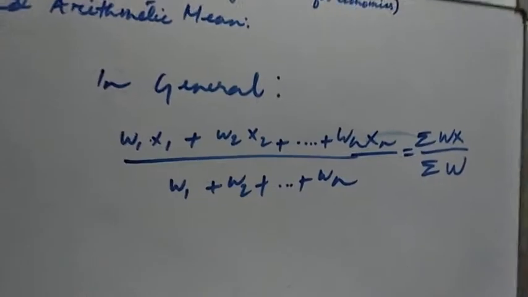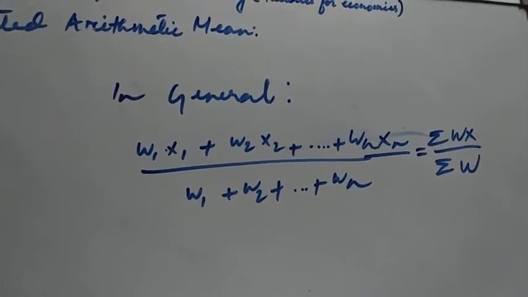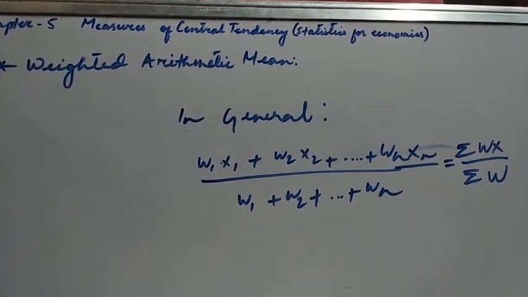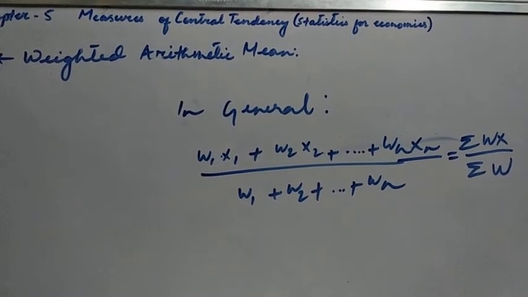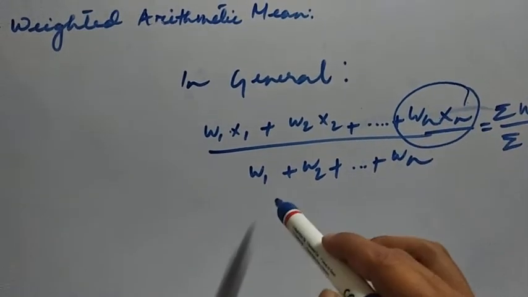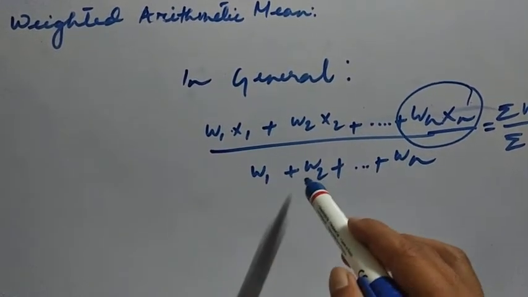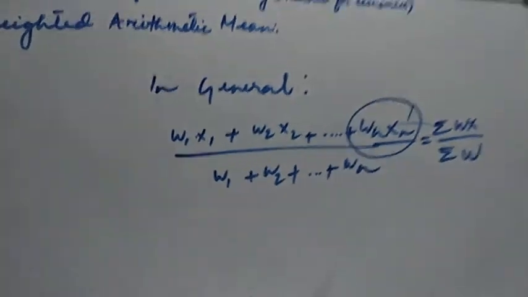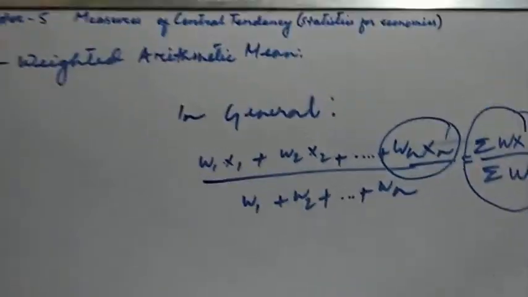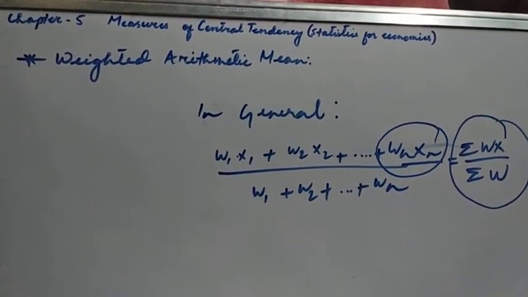So it will be equal to summation of Wx divided by summation of W. So this is the formula in general when we give the weighted arithmetic mean. So W1 x1 plus W2 x2 plus n number of W and x, and then it will be divided by the W1 plus W2 plus Wn. So it is coming like the summation of Wx by summation of W. So that is weighted arithmetic mean.